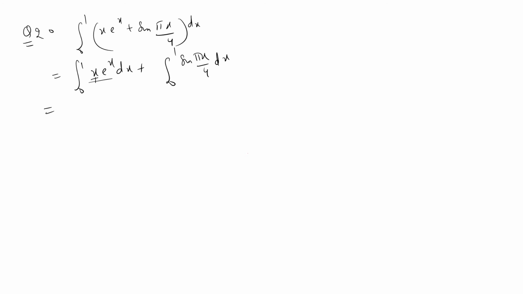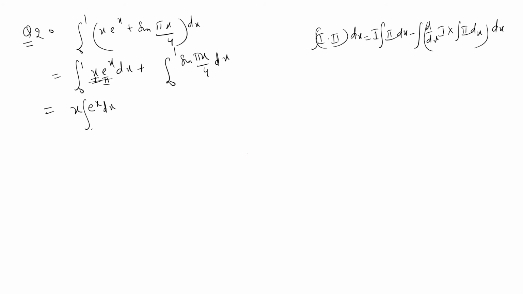You want to go for this first as second whatsoever, so please remember integration by parts. If you are not sure, I will advise you to once write the formula in order to avoid the mistake: d/dx of first into integration of second, right? So this is first function into integration of second, right?